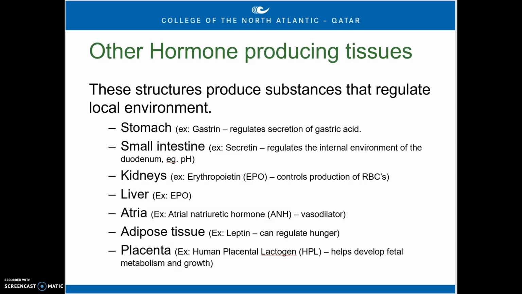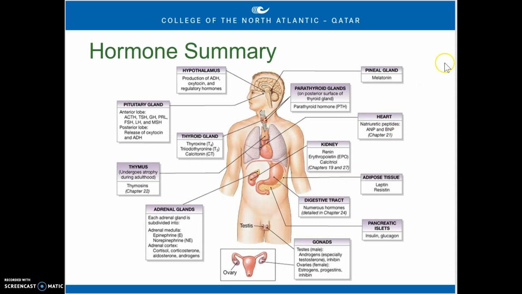So the stomach, the small intestine, like we talked about, the kidneys, the liver, the atria of the heart can actually do this as well. On top of that, the adipose tissue and the placenta. These are all tissues that can have some type of endocrine function, but we don't fully classify them as endocrine glands. Now, this next slide is a pretty good slide for you guys to have a look at, to study.